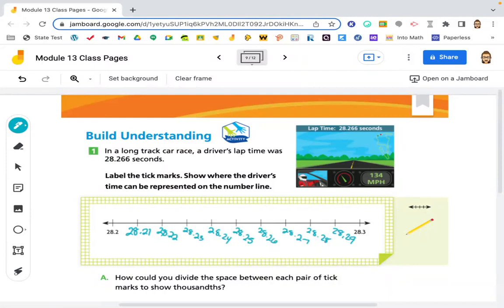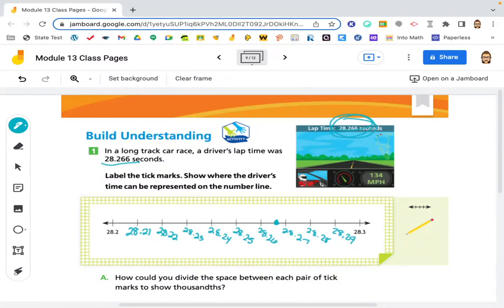So the driver's time, we have 28 and 266 thousandths. So we go to 26 hundredths and then 266. The 6 is a little over halfway, so it's going to go right there.